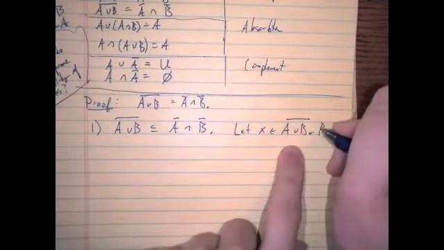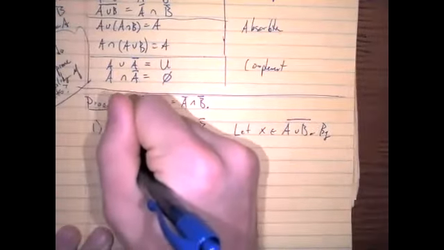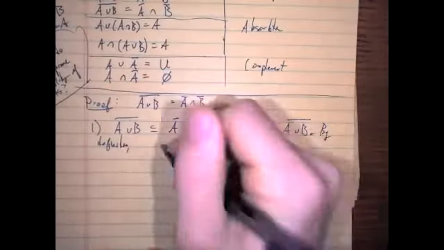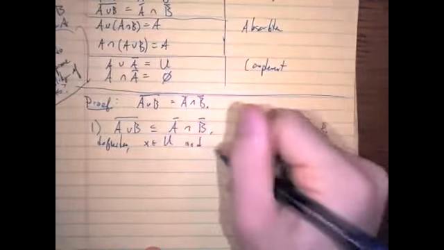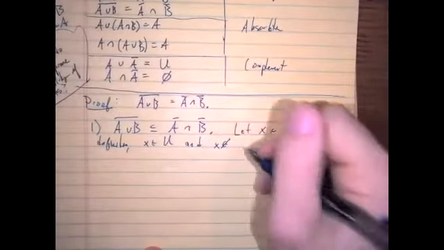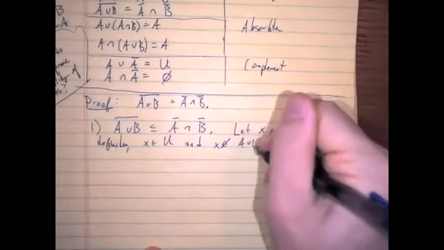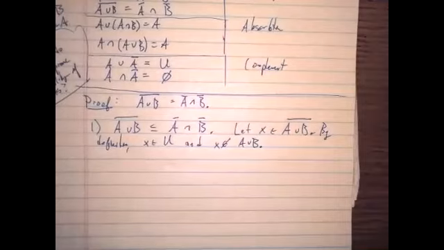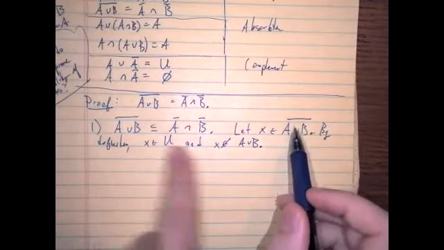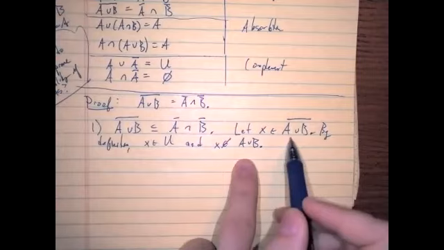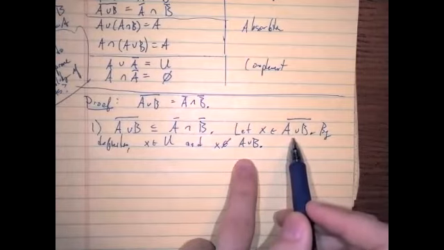So by definition, X is in U and X is not in A union B. This is just the definition of a complement. It's in the universal set and it's not inside the set that's being complemented.